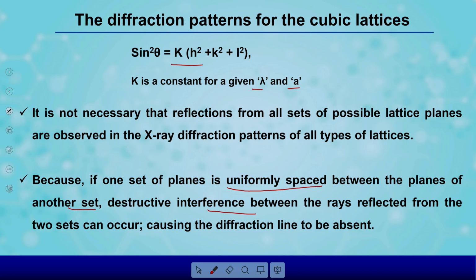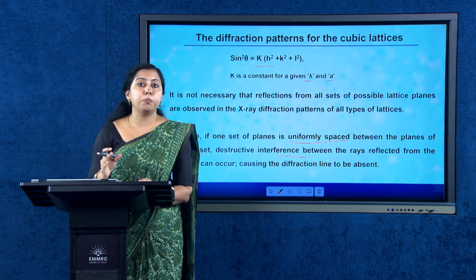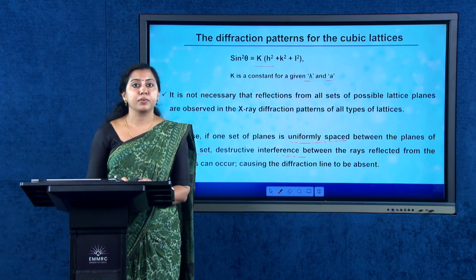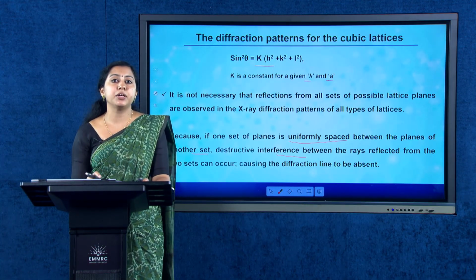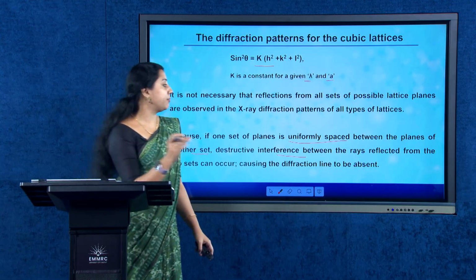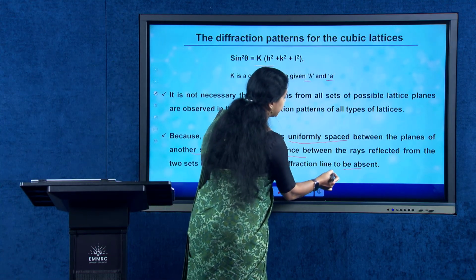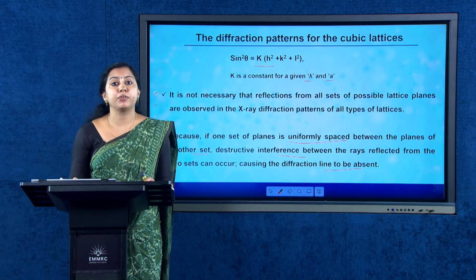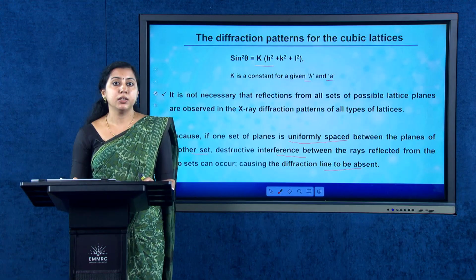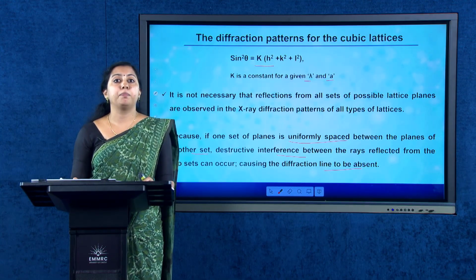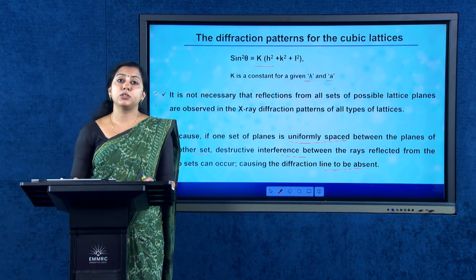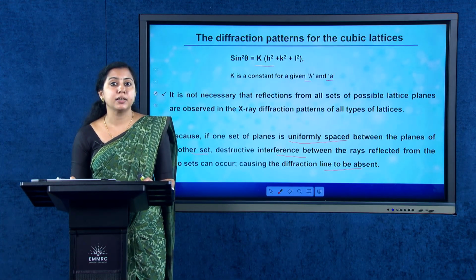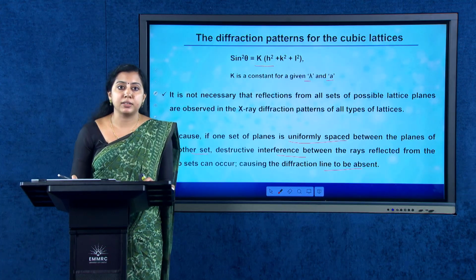Destructive interference means the reflections from the two planes will be out of phase or they cancel out each other. And when such destructive interference occurs, what happens? The diffraction lines will be absent. There won't be any reflection maximum occurring, so that causes the diffraction line to be absent. So, when we analyze a powder diffraction pattern, it is not necessary that there will be reflections from all possible lattice planes corresponding to all types of lattices.